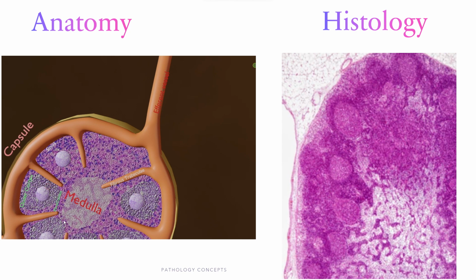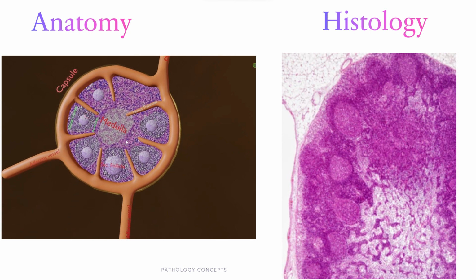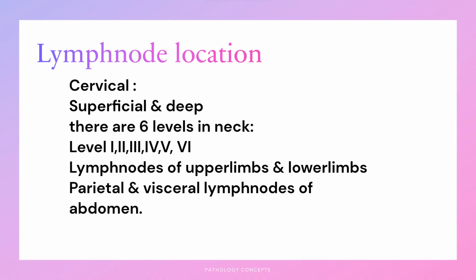Lymph vessels are lined by a single layer of endothelium. They are fitted with valves that promote the unidirectional flow of lymph from afferent vessels to the lymph node and from the lymph node to efferent vessels.